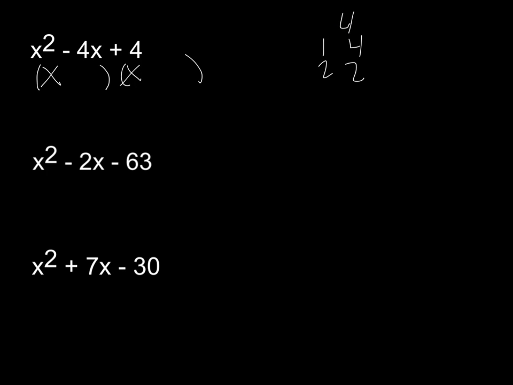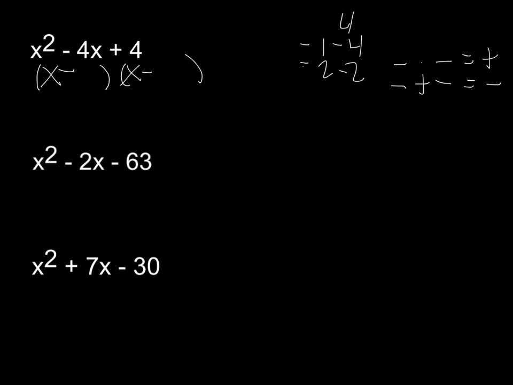Well, the only way that could happen is if both factors were negative, because a negative times a negative will give you a positive, which would be the positive result on the end here, and a negative plus a negative will result in the negative middle coefficient there. So we know it's going to be both negative.